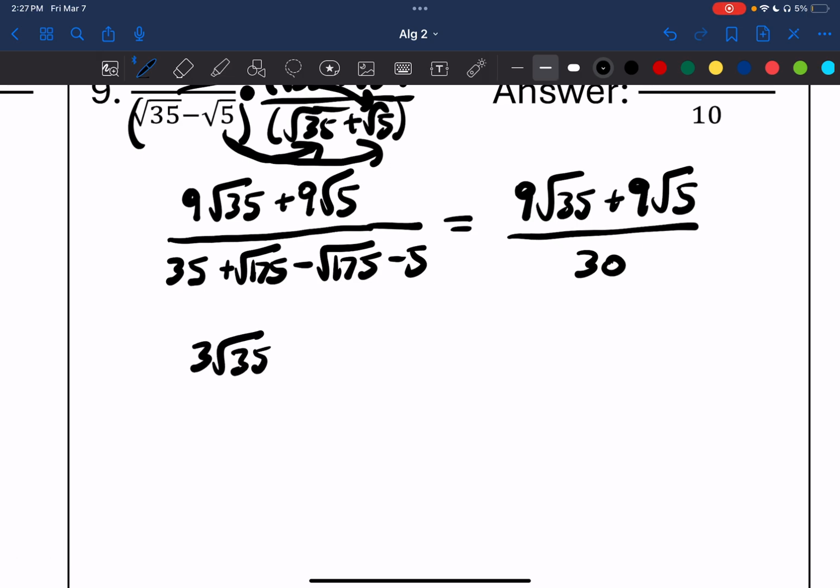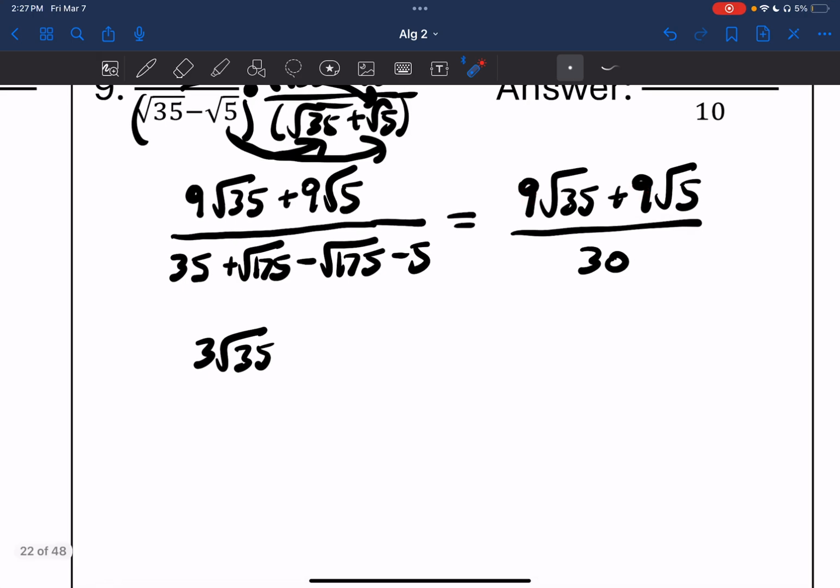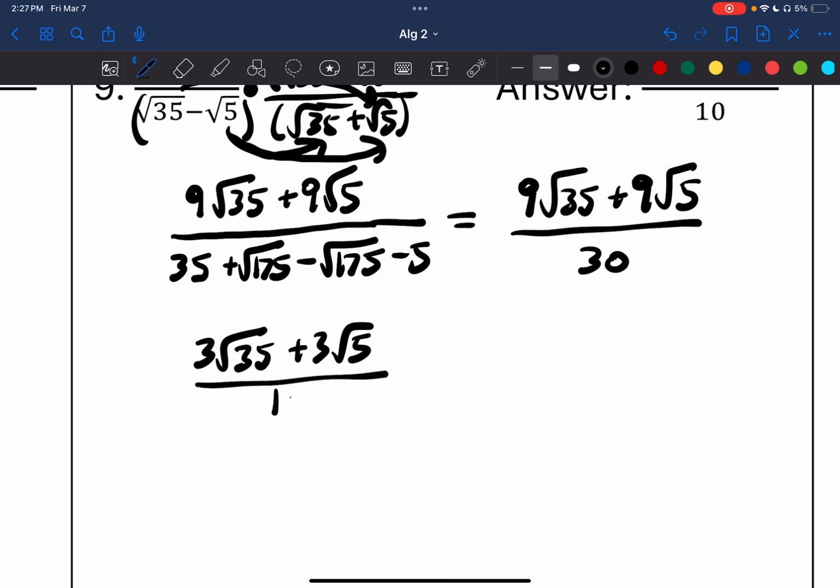When I say everything, I mean all the terms, but we can't divide this root 35 by 3 because this isn't a radical. We're dividing everything by 3, not square root of 3, so we can only change the numbers, not the radicals. So that'd be 3 square root 35 plus 3 root 5 over 10.